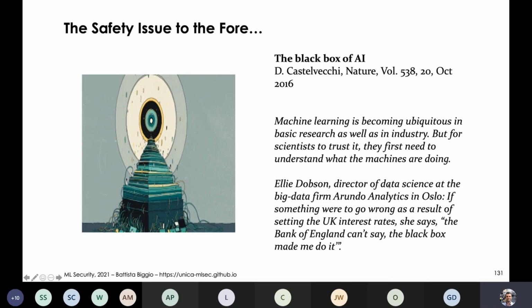So this director of data science from this company said, if something were to go wrong as a result of setting UK interest rates, she says, the Bank of England cannot say the black box made me do it. So they have to be able to explain what happens. And so opening up this black box of AI is one of the relevant problems that we have, as well as understanding when these algorithms fail, why, and the root causes behind it.